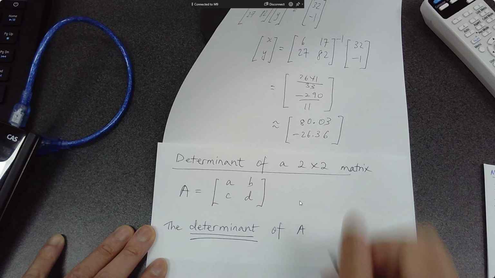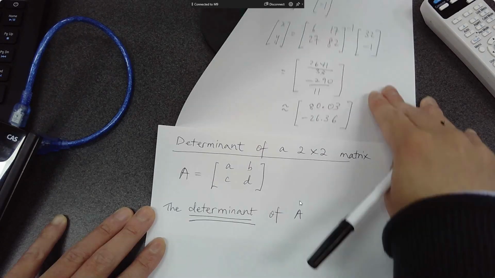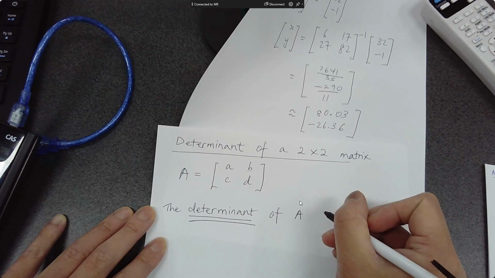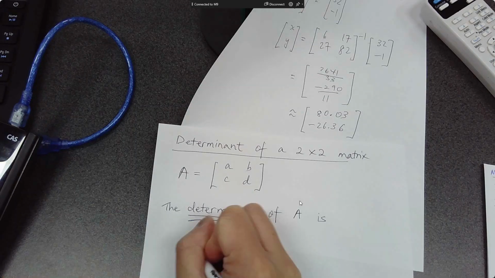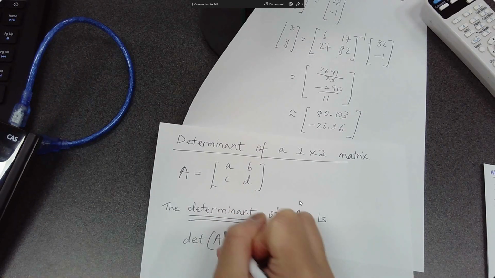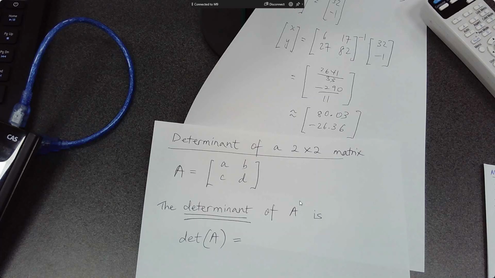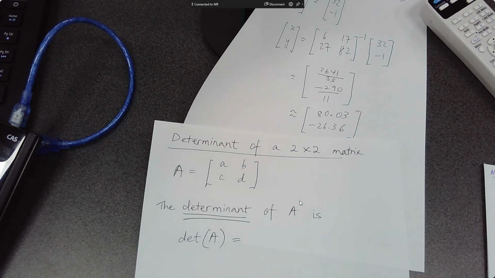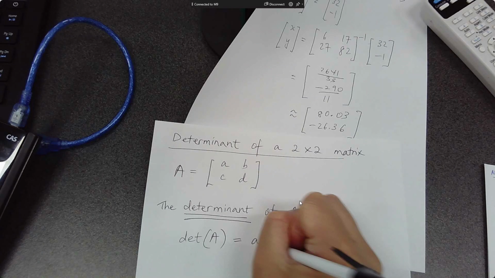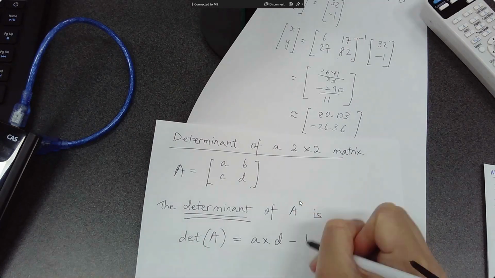It's just a mathematical quantity of a matrix. So we abbreviate it to DET for determinant, and then we write brackets around it. And it's a number. The determinant of a matrix is not a matrix, it's just a number, and it's this. A times D, so this diagonal, minus B times C.